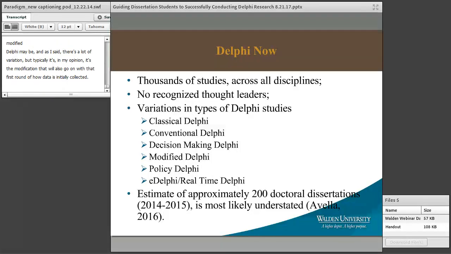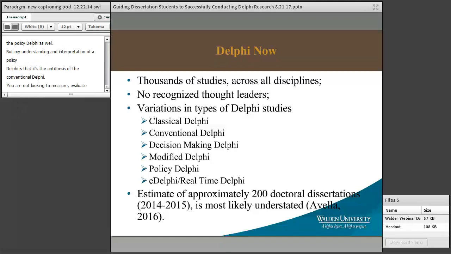And policy Delphi, I'm starting to get my arms wrapped around. Again, depending on who you read, what you read, and by whom, there's some variation in the explanation of a policy Delphi as well. But my understanding and interpretation of a policy Delphi is that it's the antithesis of the conventional Delphi. You are not looking to measure, evaluate, analyze, or interpret consensus.